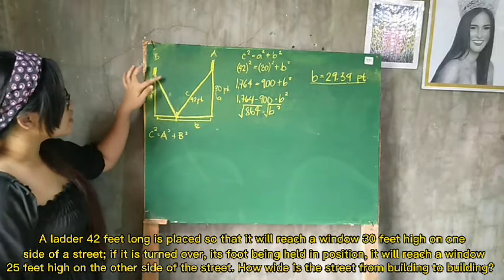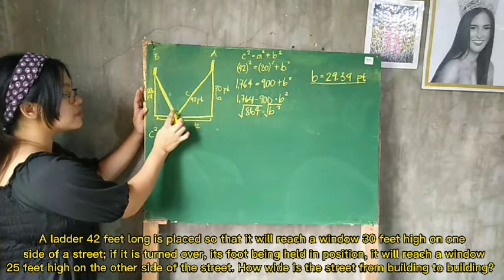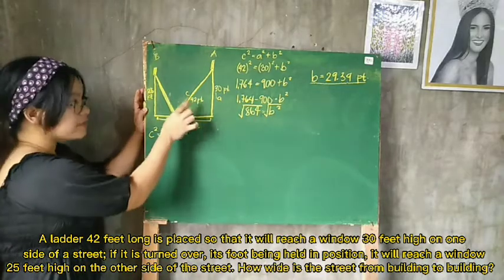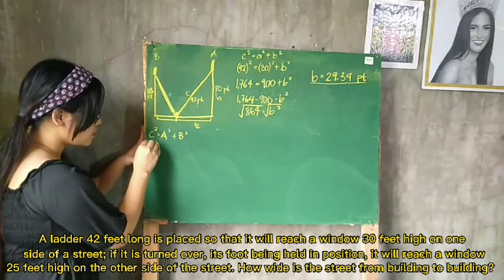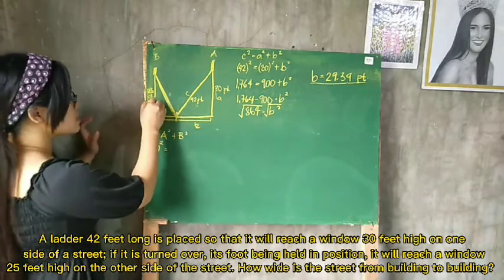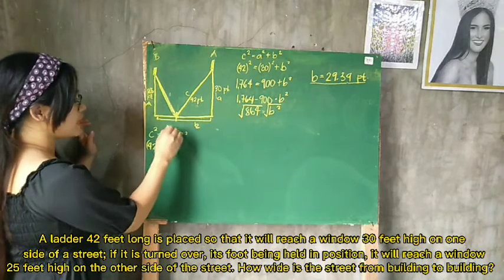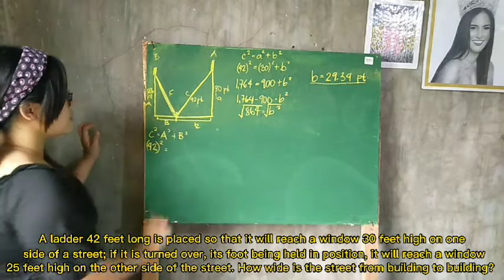C squared is the hypotenuse again. The length of the ladder is the same, 42 feet long. So a is the 25 feet, and let's assume this is b and this is c.